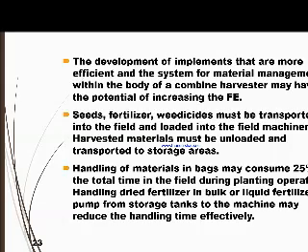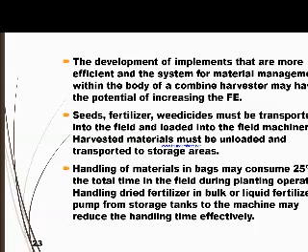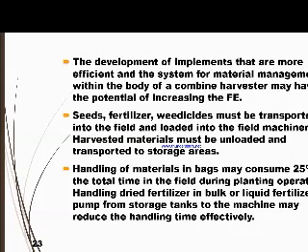Development of the implement that are more efficient in the system of material management within body of the combine harvester have been a potential in increasing the FE. Right. However, for the seed and fertilizer and weedicide operation, we cannot get too much because some of the operation need to be transported from one location to another, so it will reduce some of the FE.